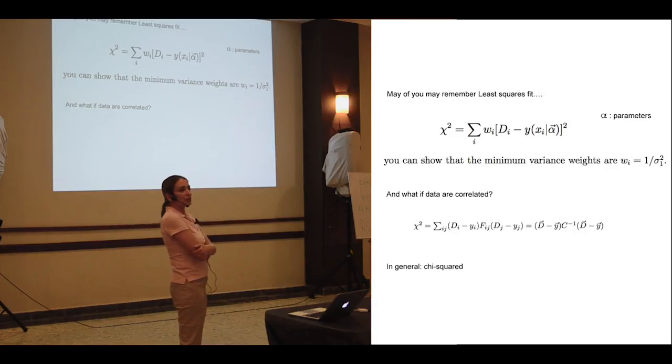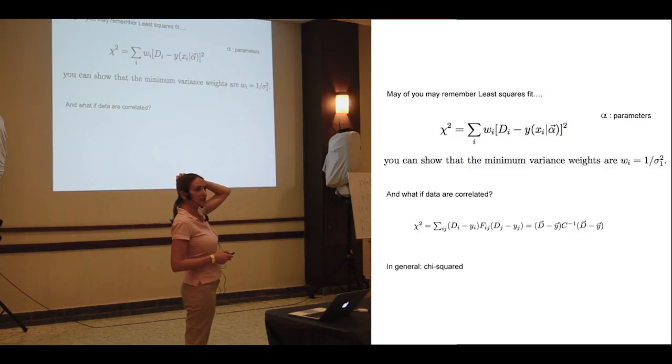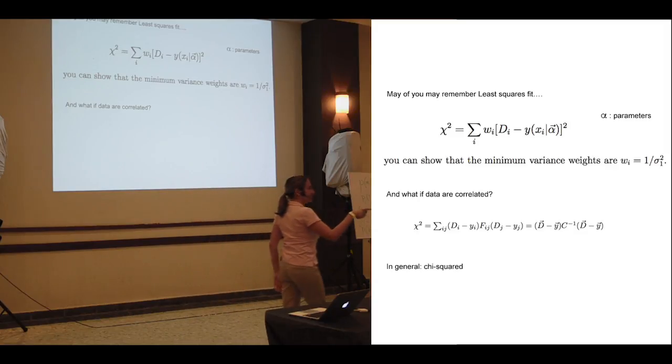What if the data are correlated? You remember what happened in that case? Anybody remembers? Somebody has an answer. Yes. So if the data are correlated, then I cannot just give you one number for each data point telling me that's its error, because that's not sufficient information.